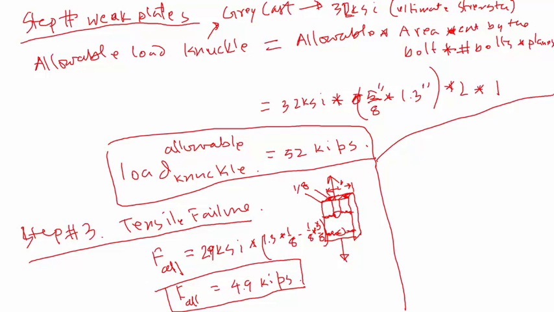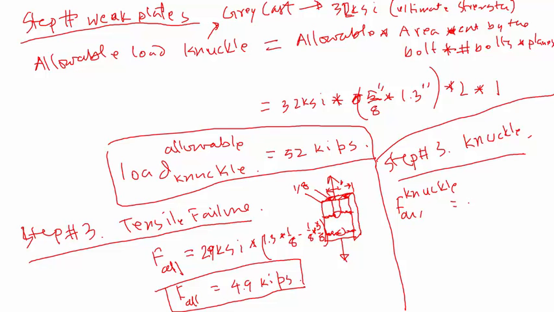Now this is still step number 3. However, we're going to calculate the knuckle tensile stress failure. Same thing, the allowable tensile stress for the knuckle. Now the knuckle is made of gray cast iron.